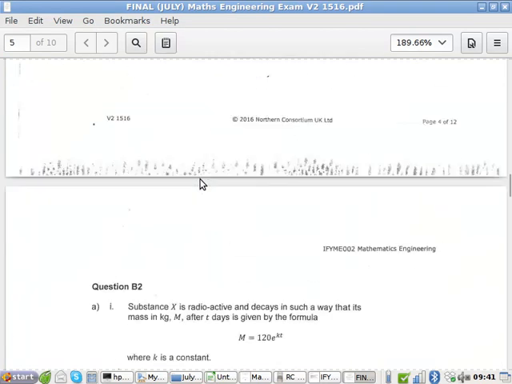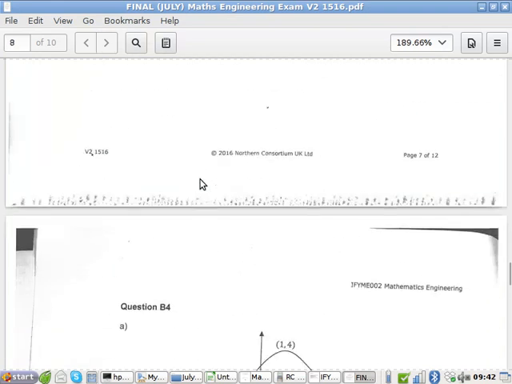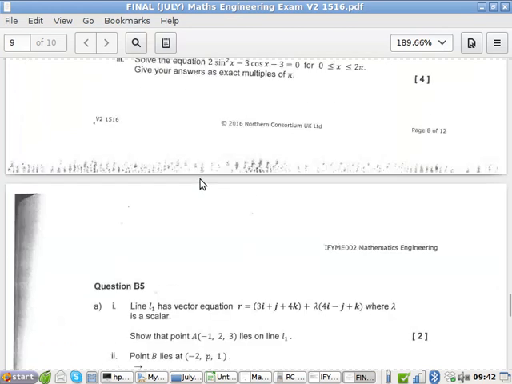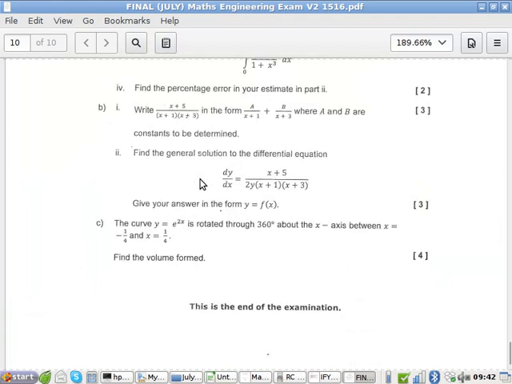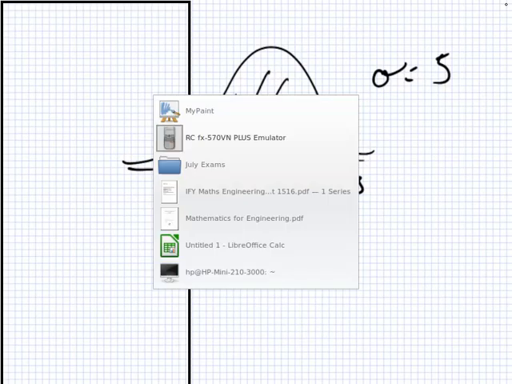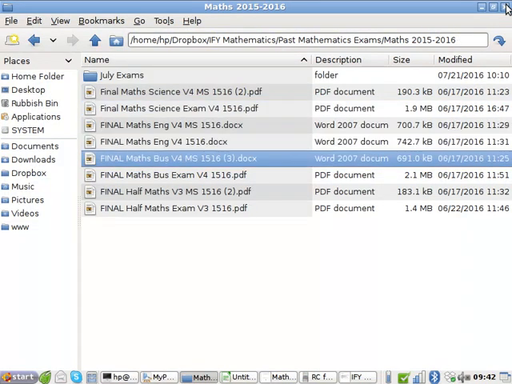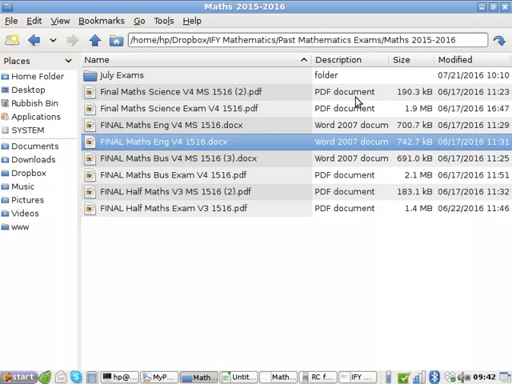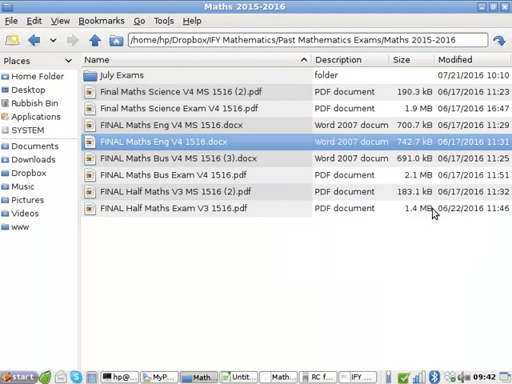But I do think there was a confidence interval one in this exam. Maybe in another paper. I don't know why it's in this docx format, but let's have a look.